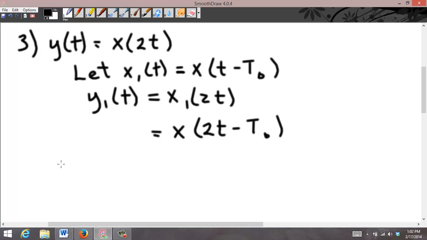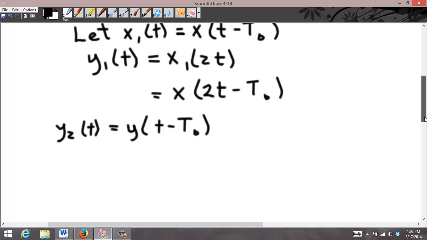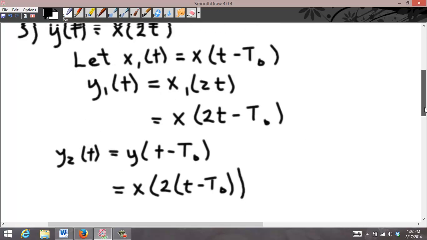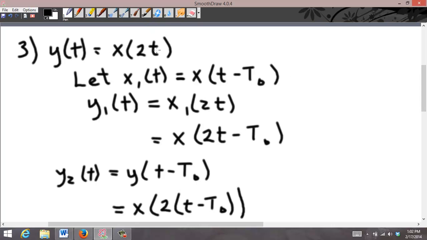On the other hand, if we consider y2 of t equal to y of t minus t naught, then putting that back in is equal to x of 2 times t minus t naught. Again, we're substituting in for t in the input. We're replacing this with t minus t naught in this case.